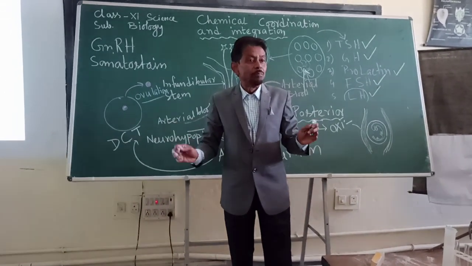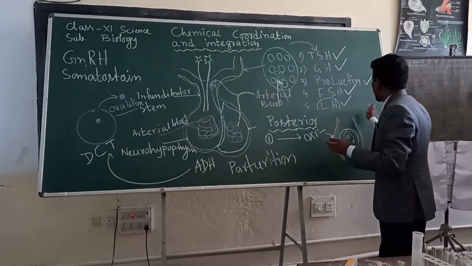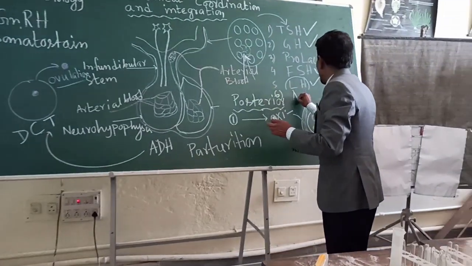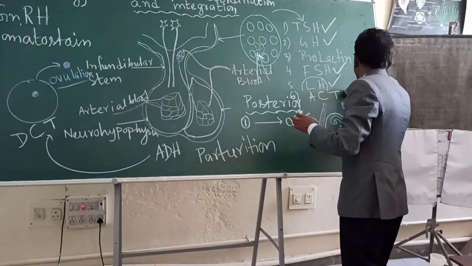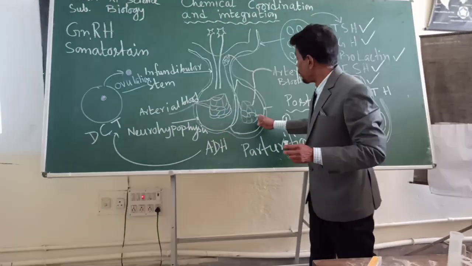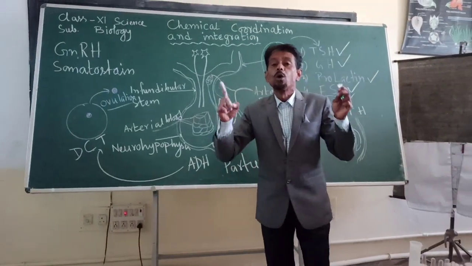From the anterior pituitary gland, there is another hormone which I have not told you, that is ACTH, secreted from the anterior pituitary gland. The full form is adrenocorticotropic hormone.